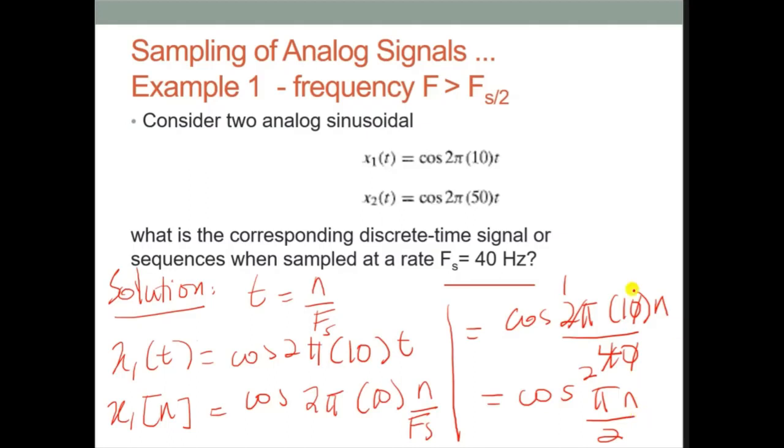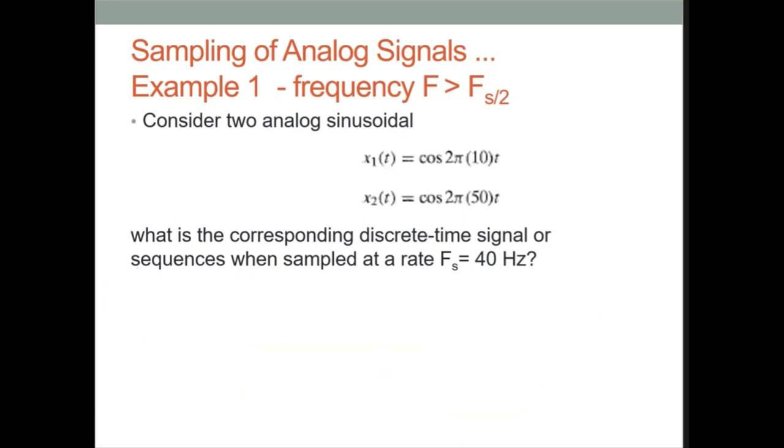Now we try to convert x2(t), the same method. So we write the solution t equals n over fs. When you are answering questions in the test, on the exam, I am expecting that you will answer in the same or a similar way.